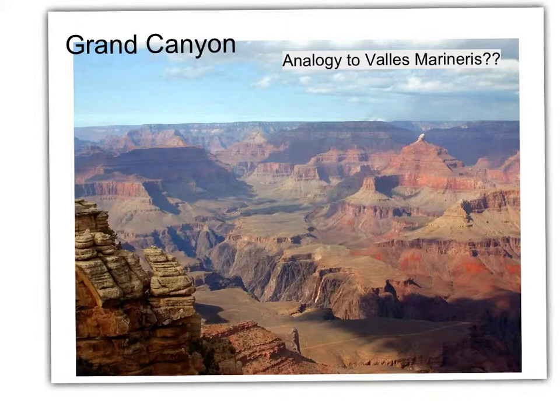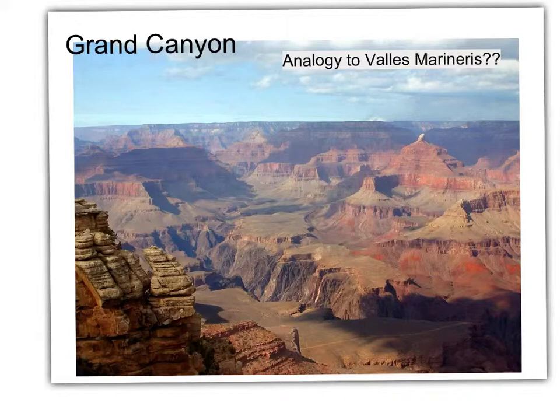Colorado River. Okay. So the Grand Canyon has a complicated history, and it gets more and more complicated the more studies there are. But the simple story is that the Colorado Plateau had a couple of different river systems running across it.